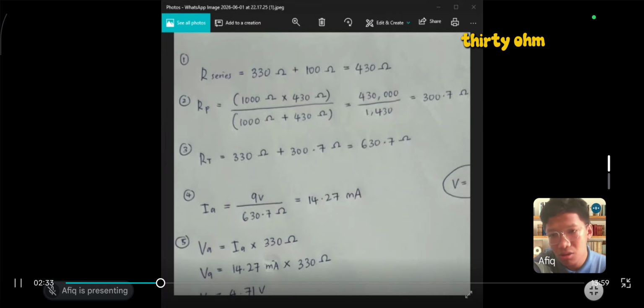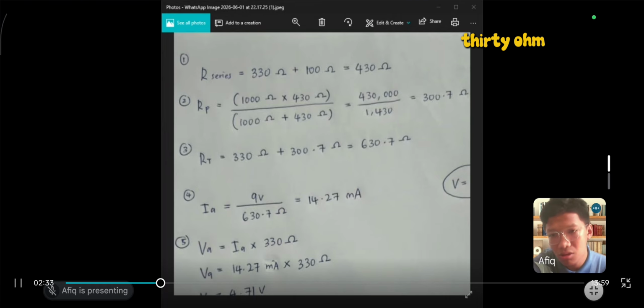The RA is 330 ohm, RP is 300.7 ohm, and we got the answer 630.7 ohm.